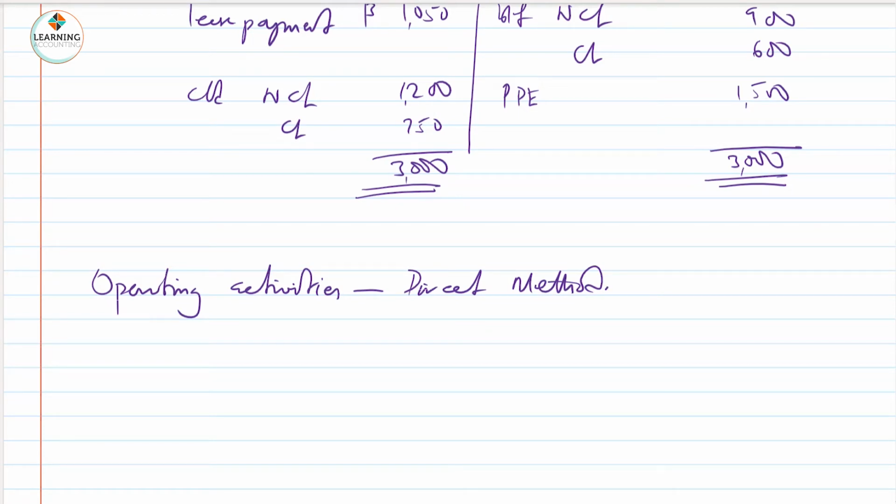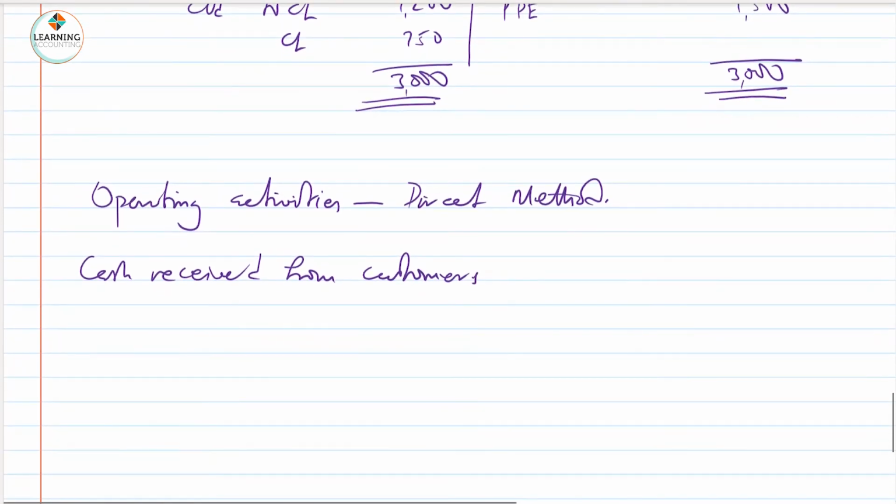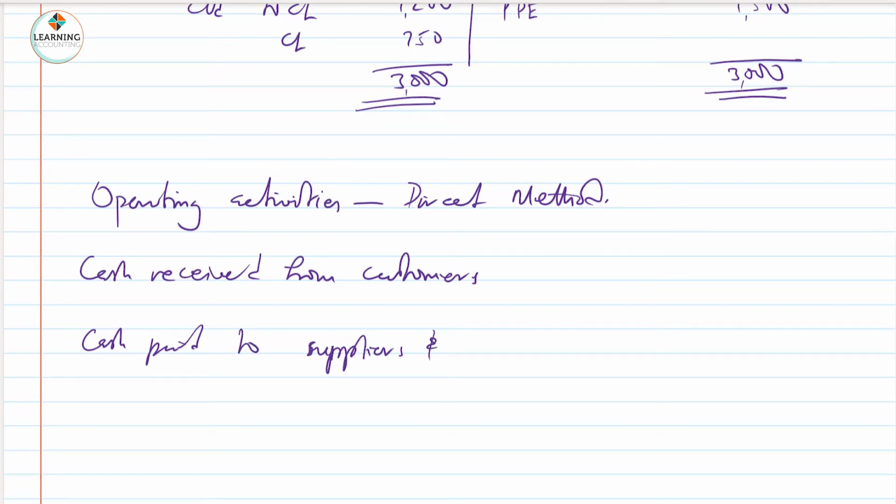So using the direct method, we have to calculate cash received from customers, and we'll be using a receivable control account to do that. We also have to calculate cash paid to suppliers and operations.